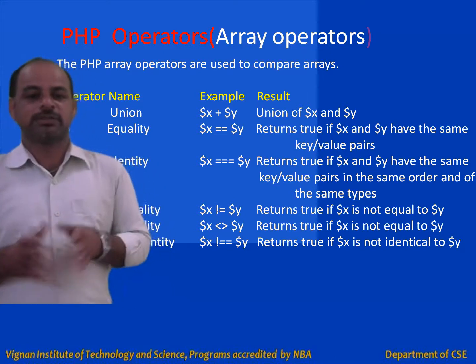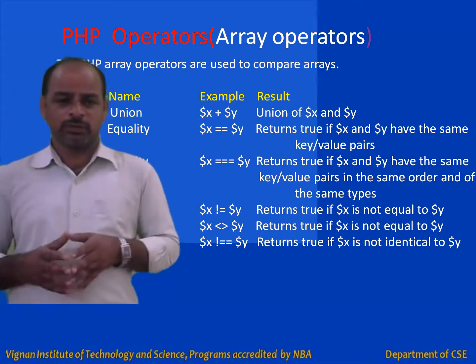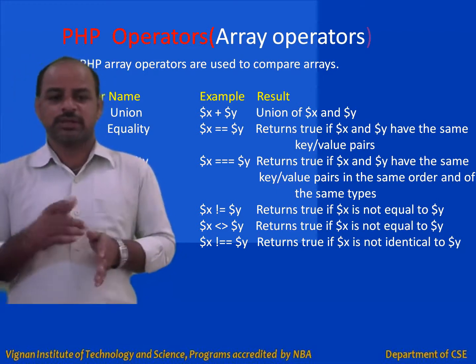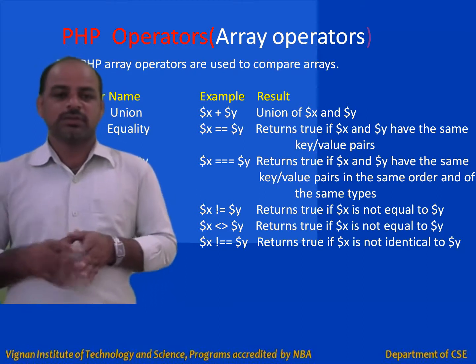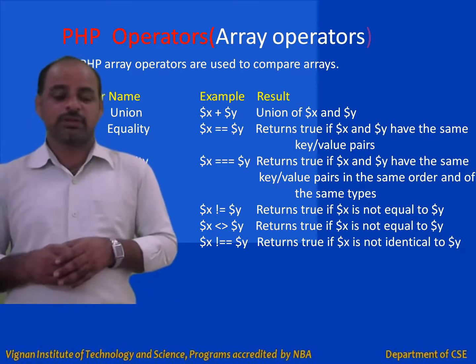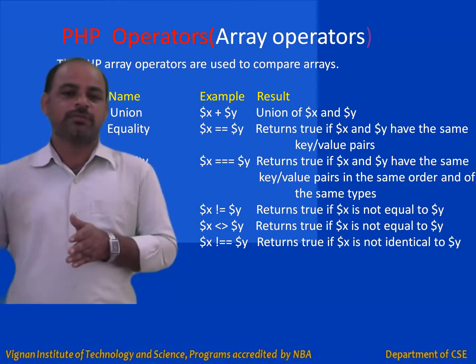The first operation is union. Union is similar to our mathematical union operation when we have two sets, like set 1 equal to 1, 2, 3 and set 2 equal to 4, 5, 6. Set 1 union set 2 is nothing but the combined result. The resultant set has 1, 2, 3, 4, 5, 6.